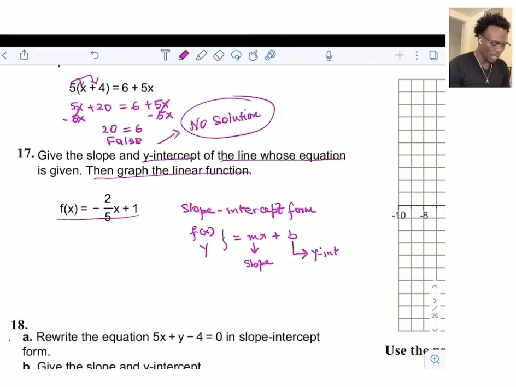So in this case, m equals -2/5, and then b is 1.